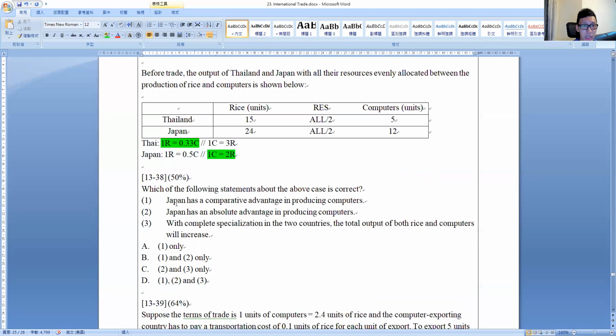So let's see. Japan has a comparative advantage in making computer. Yes, that is correct. Number 1 is correct. Now, what about number 2?